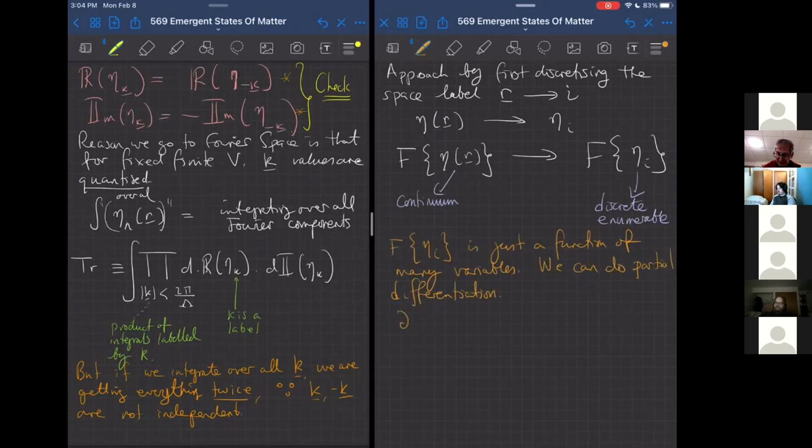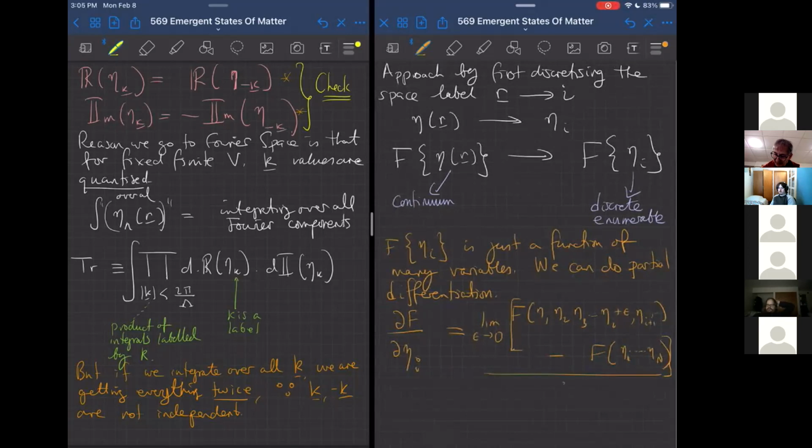So I can just write df by d eta i is the limit as epsilon tends to 0 of f, and I'm going to write down the variables explicitly, eta 2, eta 3, eta i plus epsilon, eta i plus 1, and so on, minus f of eta 1 up to eta n, and then this whole thing divided by epsilon.